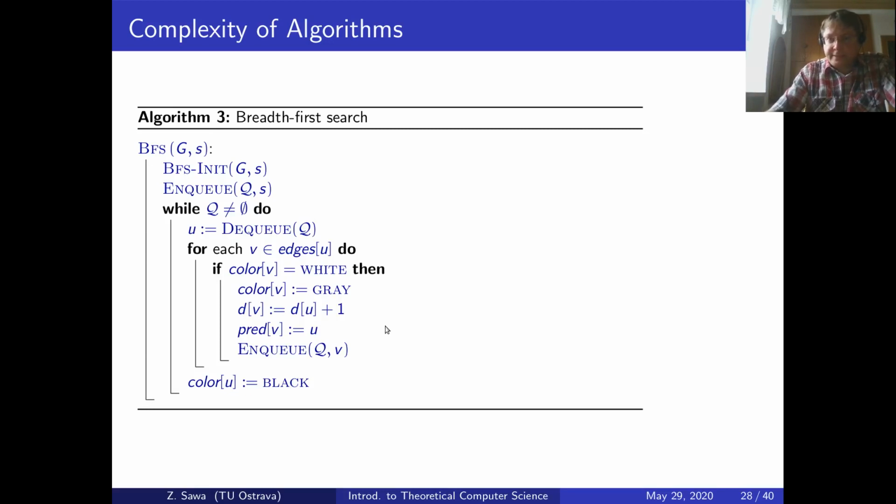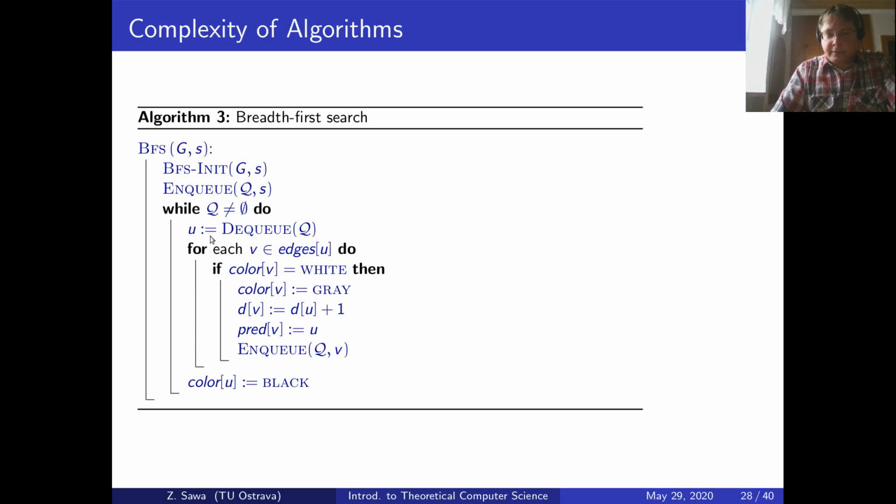So it's clear that each node can go through the queue at most once. So this outer loop is performed at most n times, where n is the number of nodes.